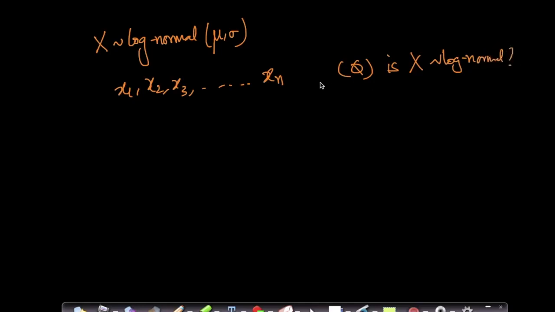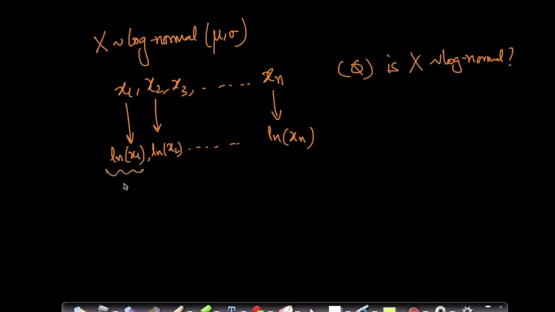How do you determine that? It's very, very simple. For each of these values, you take the natural logarithm of x1, the log of x2, so on and so forth, the natural logarithm of xn. Let's call each of them y1, y2, so on and so forth, yn.